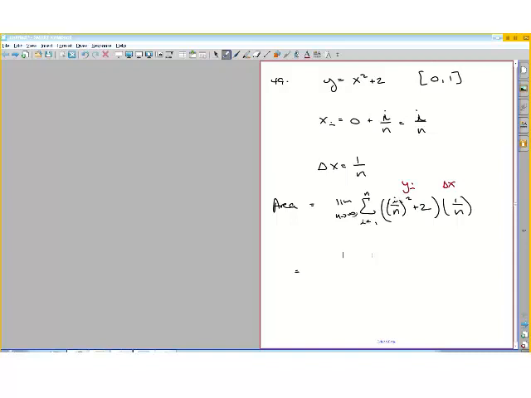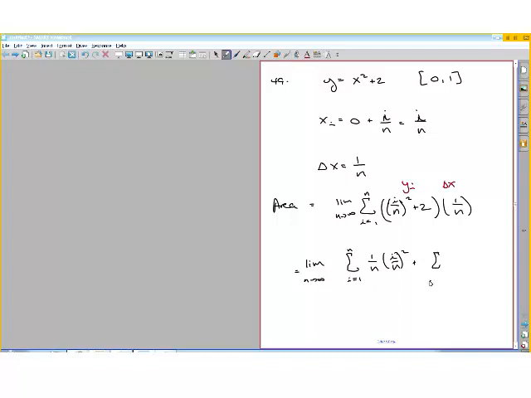Now, for a given summation, n would be a constant, and i would not be a constant. So what we'd end up with is the limit as n goes to infinity of, well, we have this first term times that. Summation from i equals 1 to n of 1 over n from here times i over n squared.